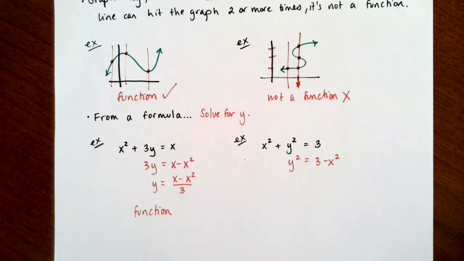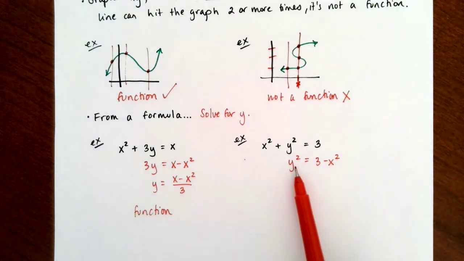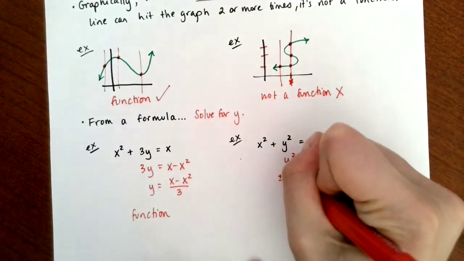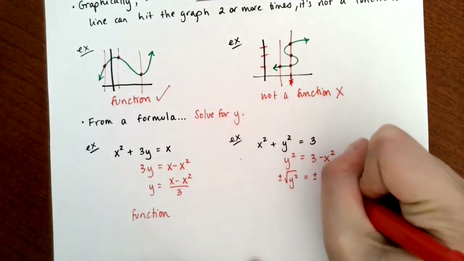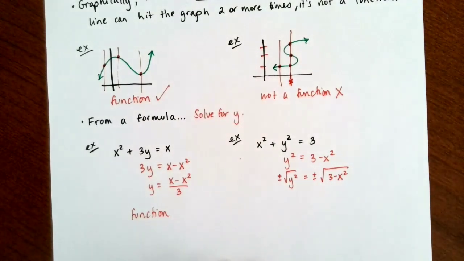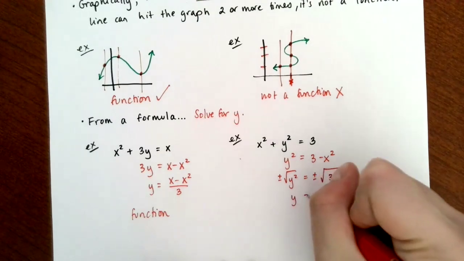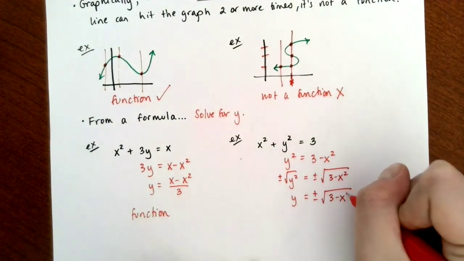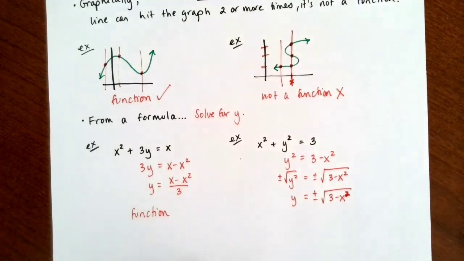And here's the difference. So when I square root both sides to get rid of the square on the y right here, I'm not actually square rooting both sides. I'm plus or minus square rooting both sides. So I'm going to do this in 2 separate steps. This is actually us undoing that square. So over here, it cancels and you have just plain y, but then you have plus or minus root, 3 minus x squared.